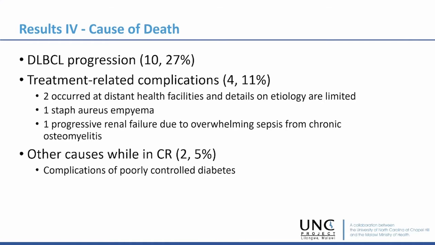It's notable, however, that 2 deaths occurred due to uncontrolled diabetes in patients who had a complete response to R-CHOP without an alternative infectious or other cause of death identified. These outcomes highlight the infrastructural weaknesses and challenges in the healthcare system that need to be addressed so that patients with non-HIV comorbidities can receive appropriate care for their conditions while undergoing curative treatment for cancer.